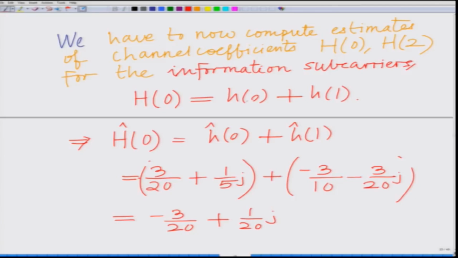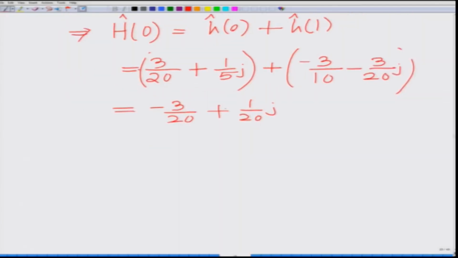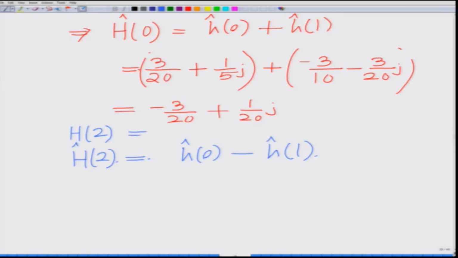plus 1 by 20 j. And similarly, capital H hat 2, corresponding to subcarrier L equal to 2, can be calculated as h hat 0 minus h hat 1, and this follows, remember, because H of 2 equals small h 0 minus small h 1.